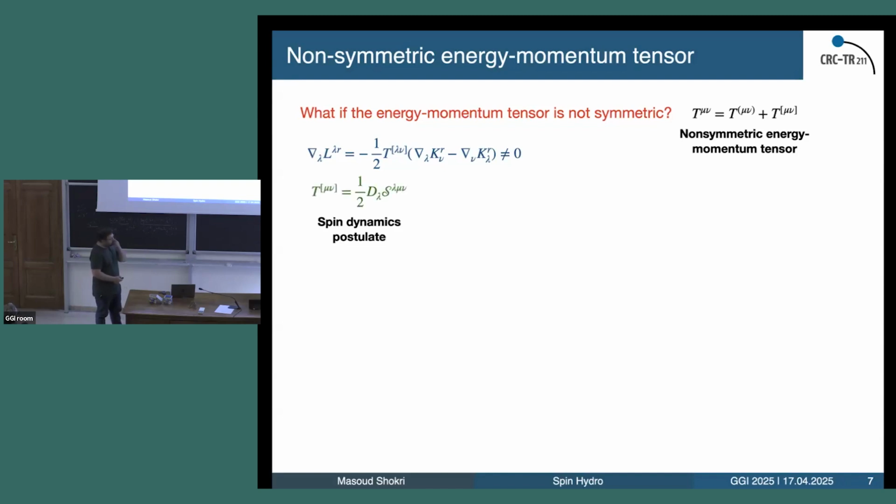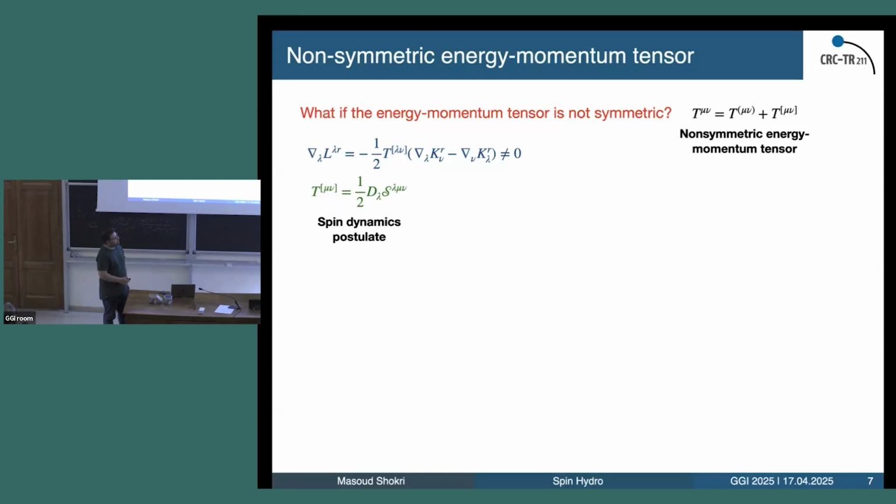First of all, we can use this equation, which I would call the spin dynamics postulate, that says that the anti-symmetric part of T^{μν} is given by the divergence of S^{λμν}, the spin tensor. Sorry, there is a minus sign here.